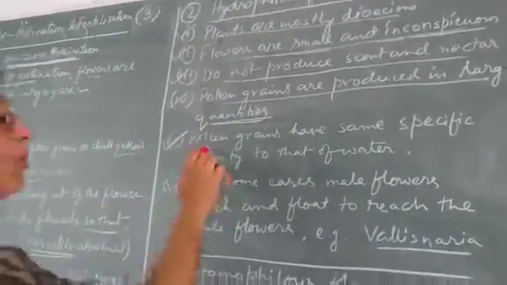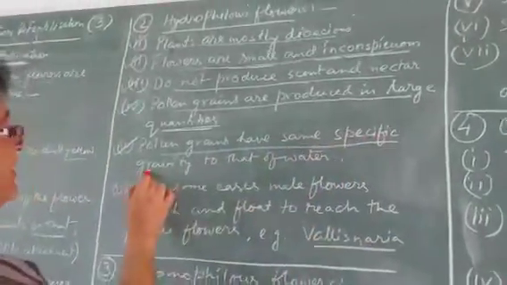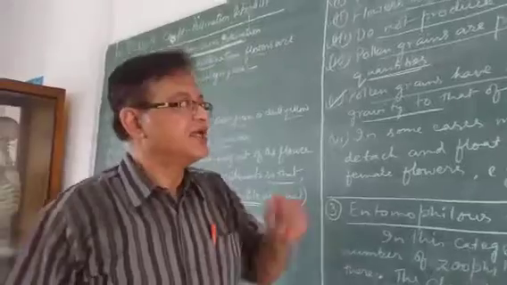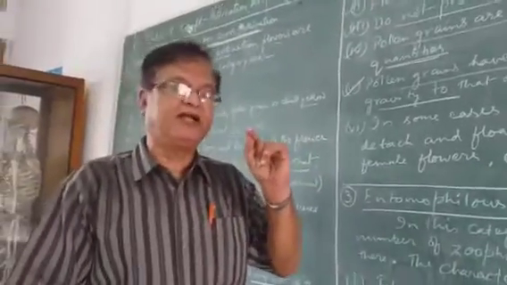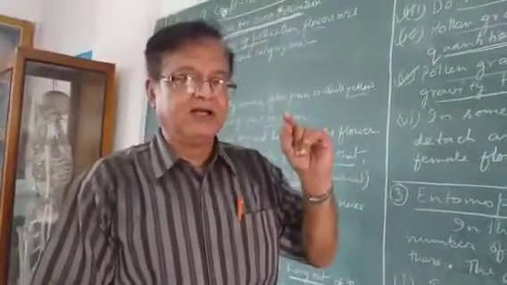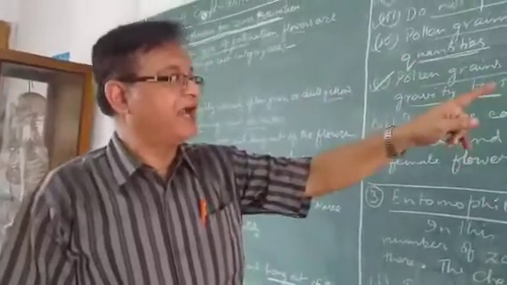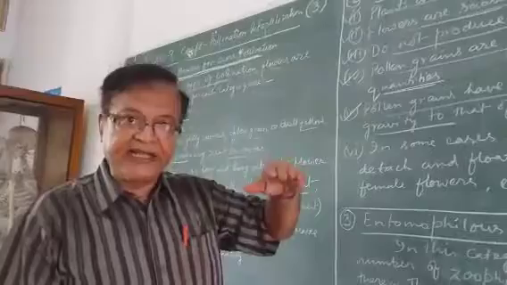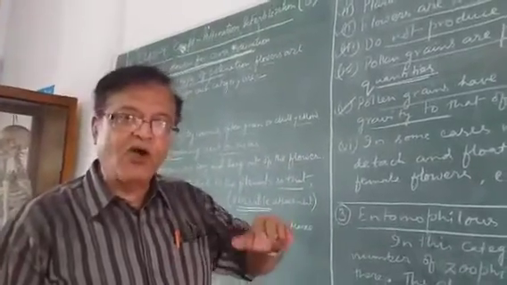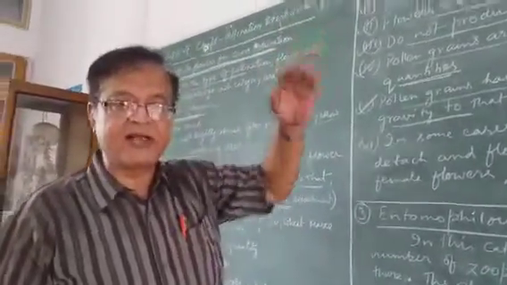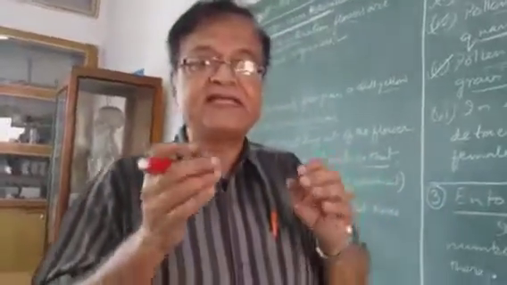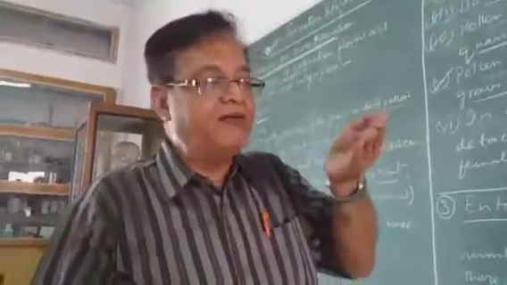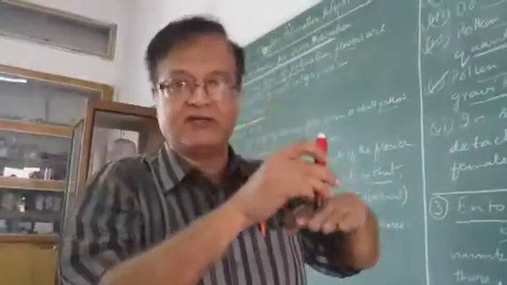Fifth point is, pollen grains have the same specific gravity as water. Very interesting point this. Interesting because specific gravity of water is one, and this specific gravity should be the same. And then what happens? The pollen grains neither sink to the bottom nor float above the surface of water. Suppose specific gravity is less than water, then what would happen? Pollen grains would float above the surface of water.